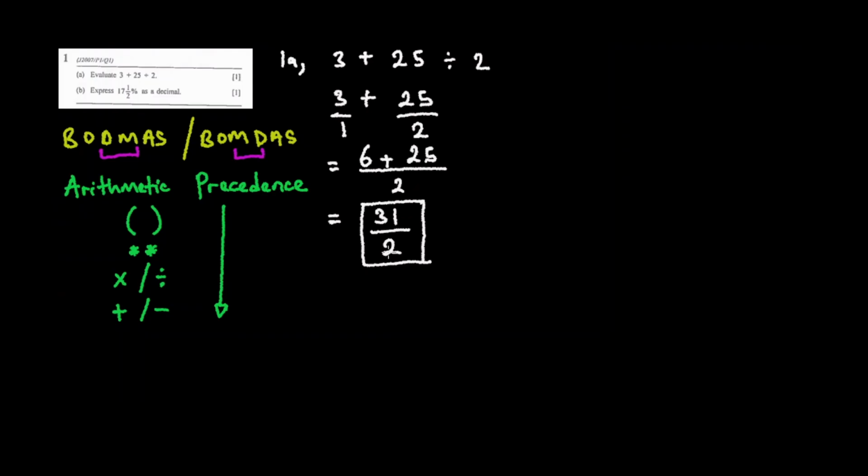Let us go through 1B now. 1B wants us to express 17.5% as a decimal. So how do we express a percentage as a decimal? In order for us to express a percentage as a decimal, we simply have to divide that particular percent by 100.